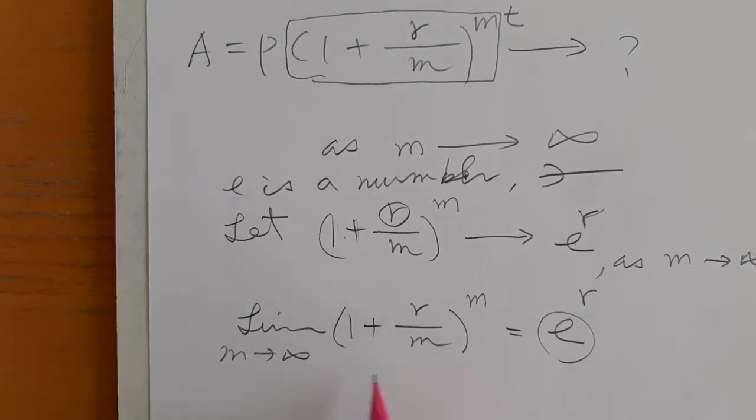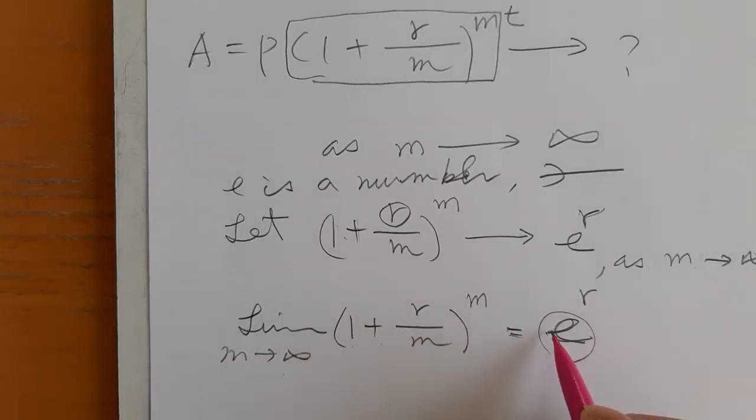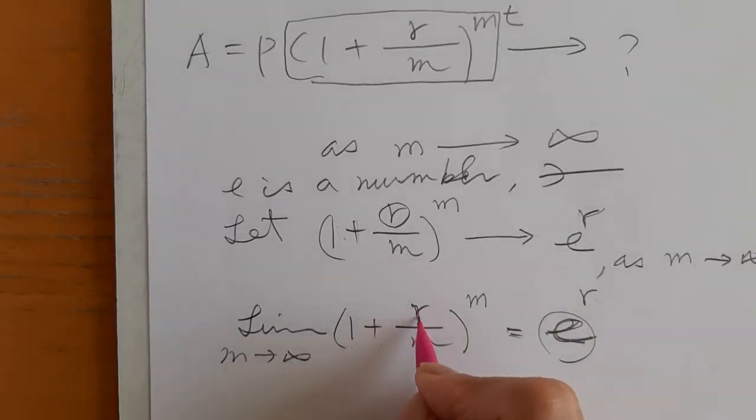That is, the limit as m approaches infinite of 1 plus r over m to the power n equals a number we define as e to the power r.